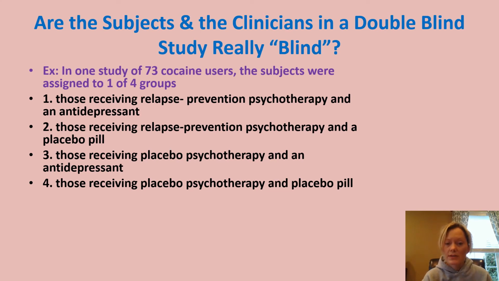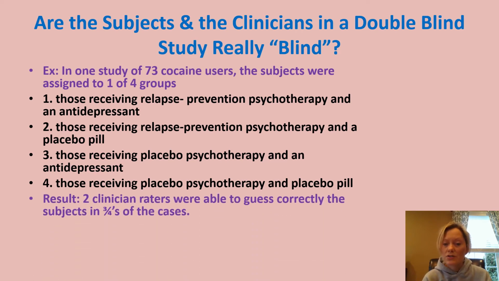One received the psychotherapy, which is strategies and talk therapy kind of things, and they were given the placebo pill, so a sugar pill. Others received a fake psychotherapy, one that wasn't really one that would work, and also the antidepressant pill, and then those that received just bogus therapy and also the placebo pill.